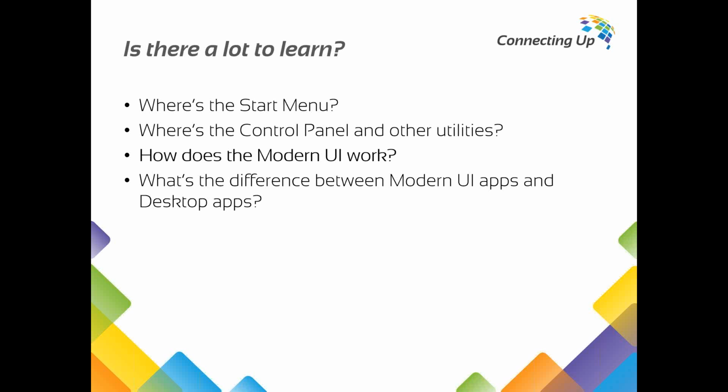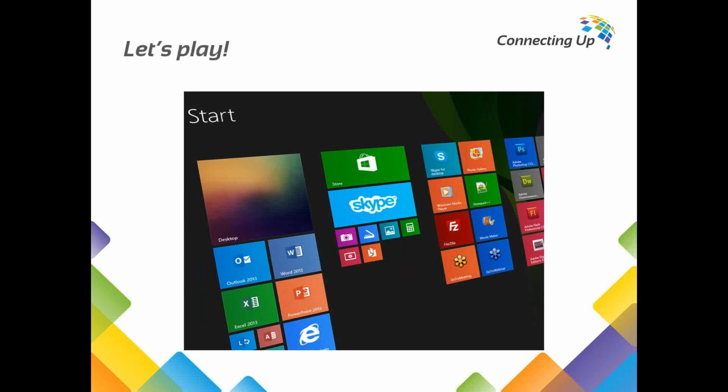How does this whole start screen, modern UI, full screen app, Metro user interface work? We'll have a look at that. And also we'll look at the difference between these modern UI apps and desktop apps and how they all play together. So that's a quick introduction, and instead of me rambling on, let's actually have a play and I'll show you what's going on.